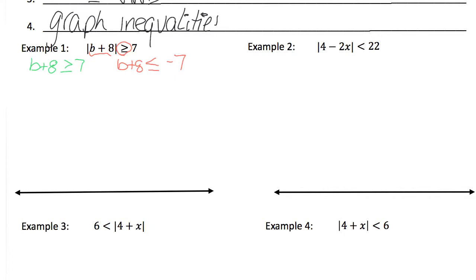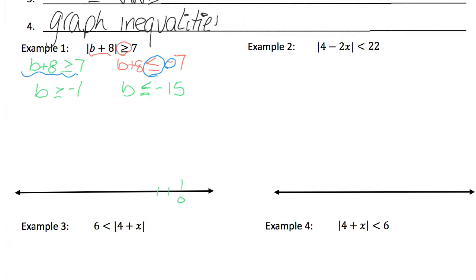So the first one stays the same. The second one, we flip our sign and make it negative. And now we can solve from here. So b is either greater than or equal to negative 1, and b is less than or equal to negative 15. And then we can graph those.